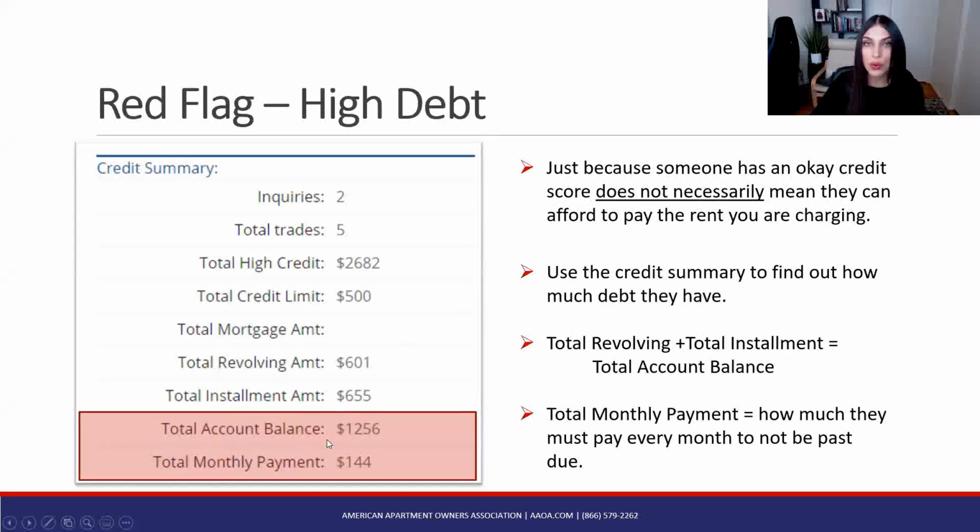It's giving you the total account balance here, and then the monthly payment, which is how much they have to pay out of their pocket every month to stay current on all of those loans and credit card accounts that they have open. When you look at that, that should be a factor in considering whether or not the person can afford your rental.